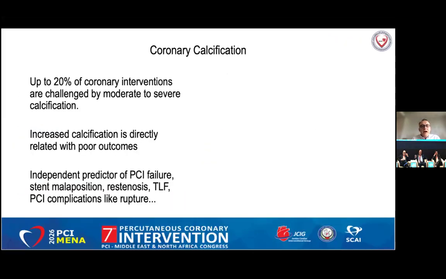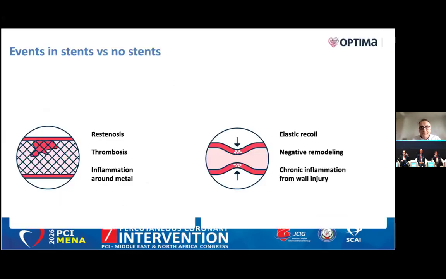Up to 20% of coronary interventions are challenged by moderate to severe calcification. Increased calcification is directly related to poor outcomes, especially after stent implantation, regarding acute occlusion and stent restenosis, and is an independent predictor of PCI failure, stent malapposition, restenosis, TLF, and PCI complications like rupture.